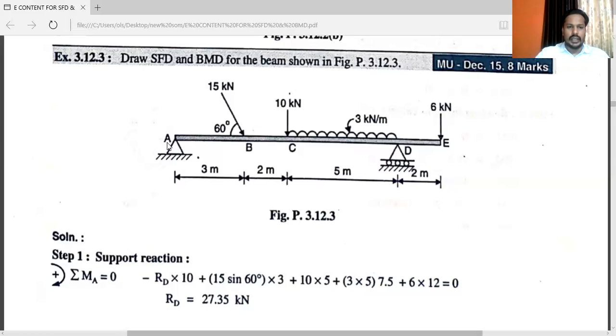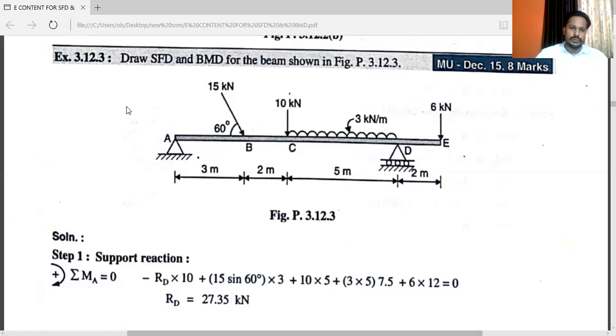So RAX will act in the horizontal direction and RAY will act in the vertical direction. At point D there will be only one reaction, RD, acting in the vertical direction because the contact surface of the roller is horizontal.